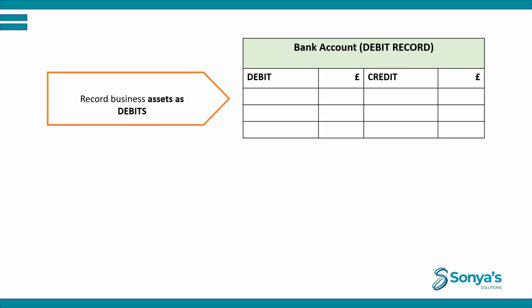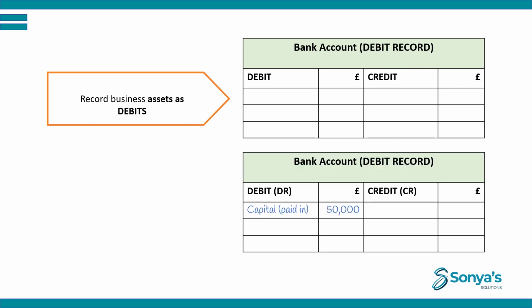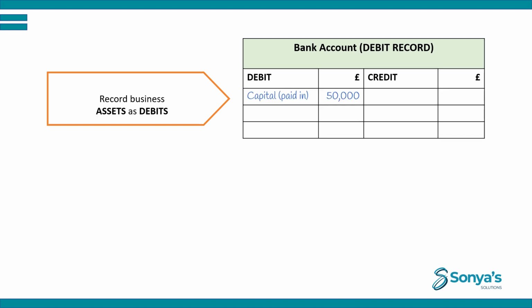Cash is a business asset. A business asset is always recorded on the debit side of the account. So in this example, the business has recorded in its own accounting records that it's holding £50,000 at the bank.